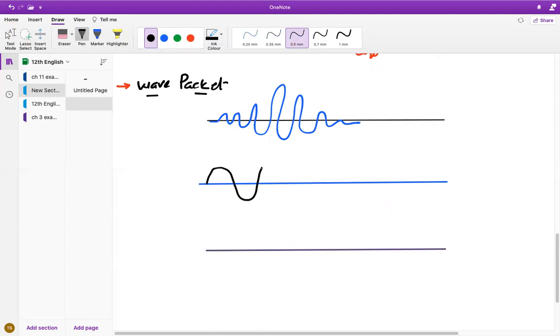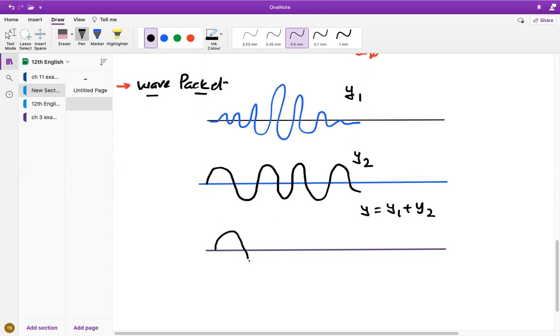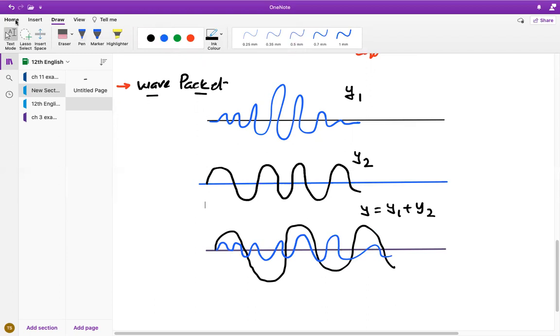Let's say I have this much amount of wave. I'm recalling that it is Y1 and this is Y2, both in a constructive condition. We are saying Y1 plus Y2. Do you remember our chapter number 9? So the new wave that results from the combination of these two has our old wave added on like this. Let's say it will look like this one. So it gets superimposed on top of this.